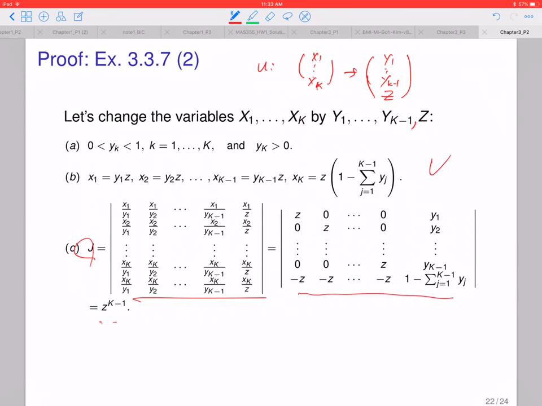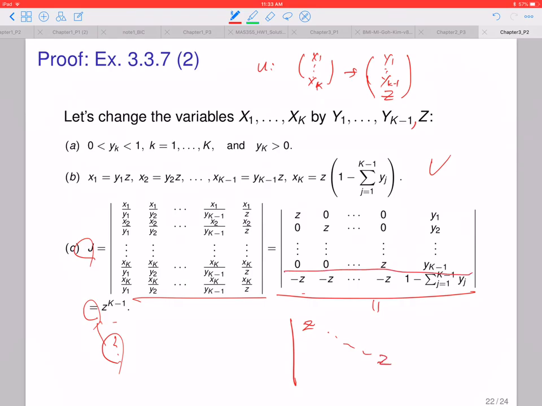The only thing is, why is the determinant this one? Well, we can notice that if you consider the sums, the determinant of this matrix is equal to the determinant of C. So you can see that the sum of this is equal to this one, right?